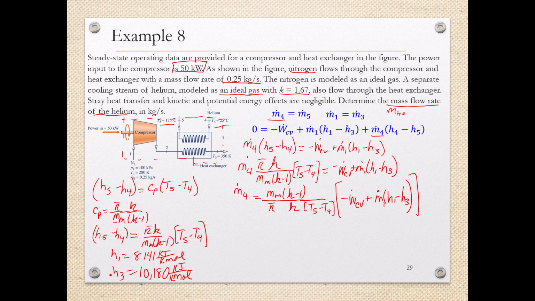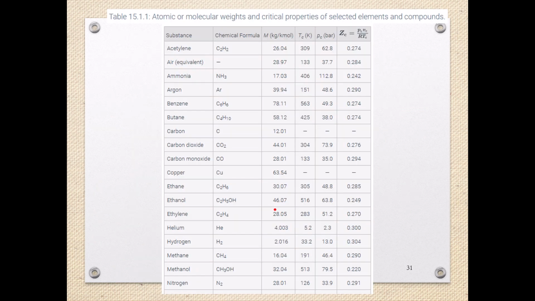So now we just need to put all our values in. So we're going to do this. I might run out of space with all the unit changing, but we'll see what we can do here. All right, so M4 is, we have our molar mass, which, let's look at this table here. Molar mass of air, okay, is 28.97 kilograms per kilomole.